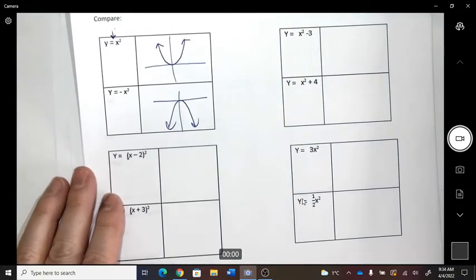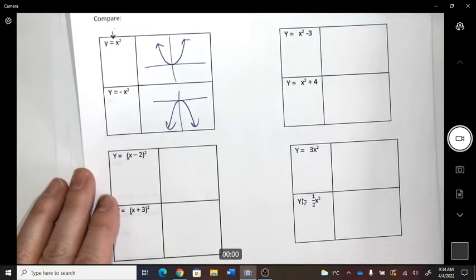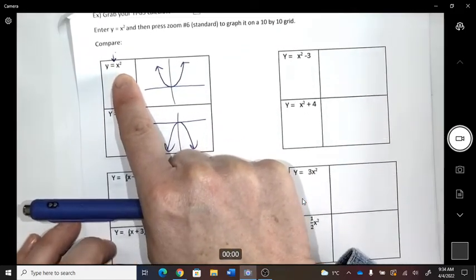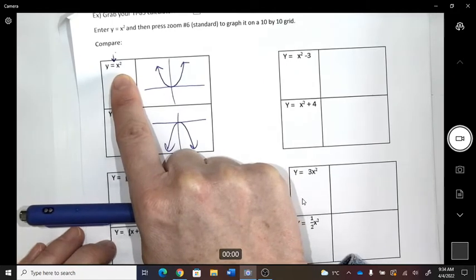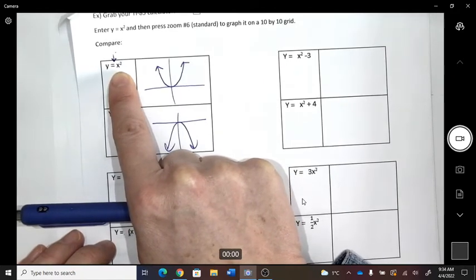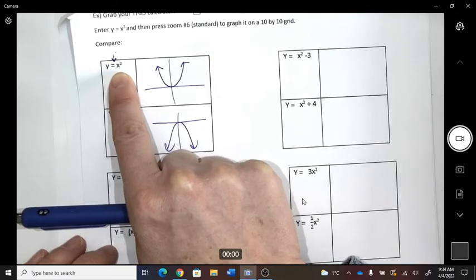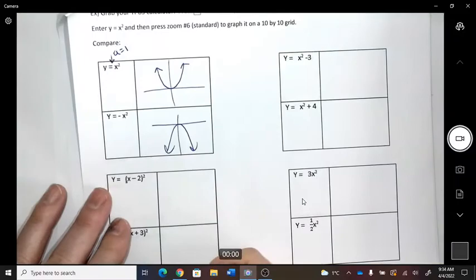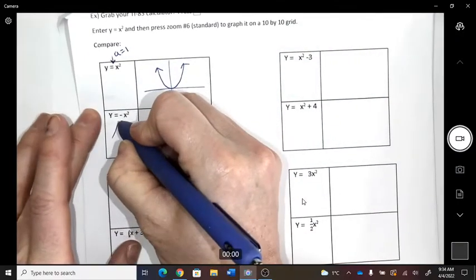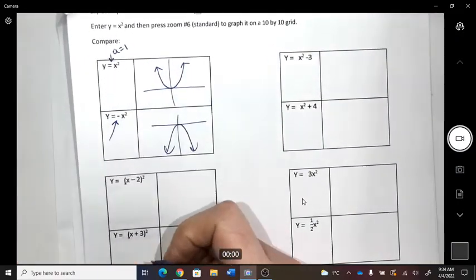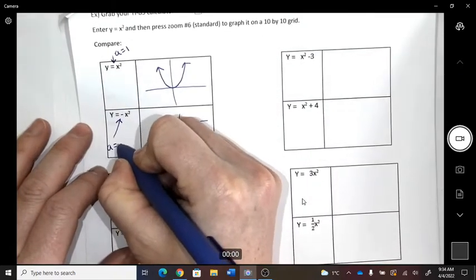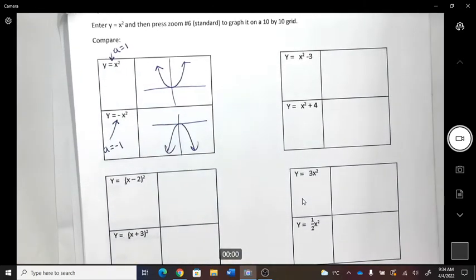Okay, A is the number that's in front of the x squared. So technically, what number is in front here? How many x squareds do we have on this one? We have 1x squared. So here, A is 1. And here, what's the multiplying number on that one? Now I have a -1. Can we make a conclusion about what's going to happen?